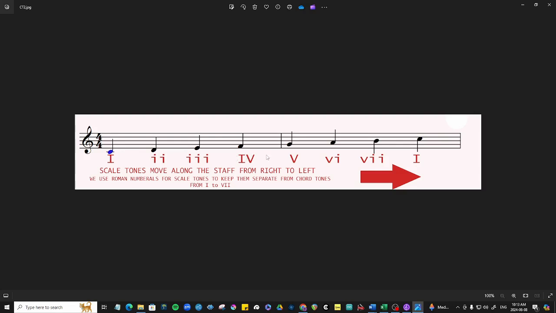And we do that because we need to differentiate between the two different systems, the chord tones and the scale tones. So by using Roman numerals, we always know when we see Roman numerals what that means. It means a scale tone or a position of the scale that you're playing.